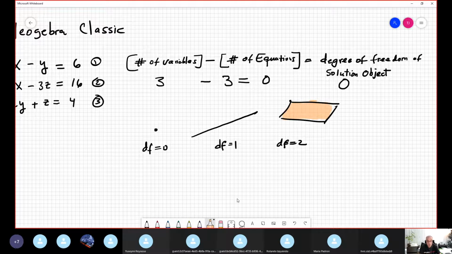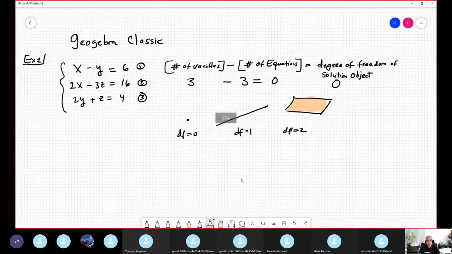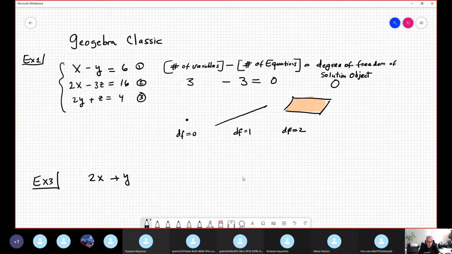Suppose another example that we're solving today to understand this idea. This is example 3. Example 3 is 2x plus y minus z equal 4, equation 1. Minus x plus y plus 3z equal 1, equation 2.